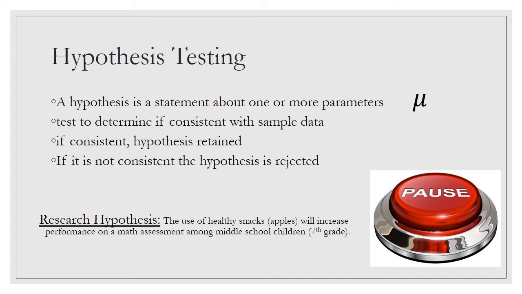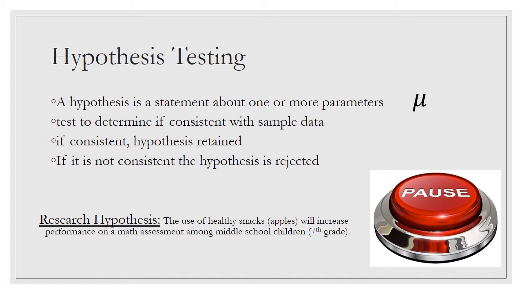It's that the population average score on math assessments, when I compare those that eat healthy snacks toward those that eat unhealthy snacks, is that there will be an increase in performance. There will be a higher performance. There will be a higher mean, a mu, in the population.